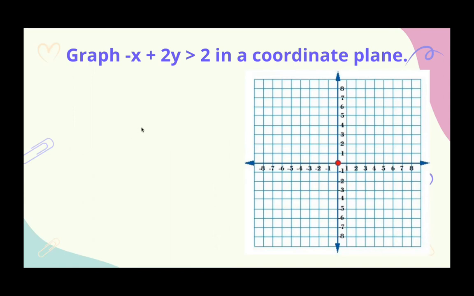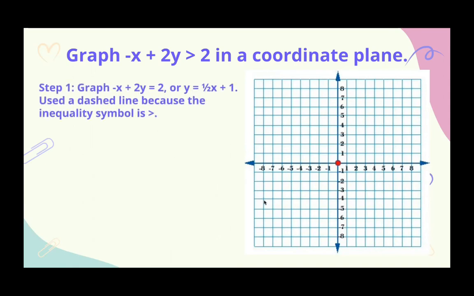So first, you're going to graph your boundary line. I would just make this into the related equation by replacing the inequality symbol with an equal sign. Now, if you look closely, you'll see that the inequality is actually given in standard form, which is ax plus by equals c.